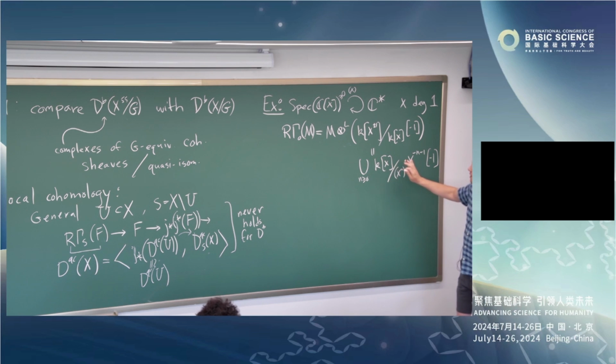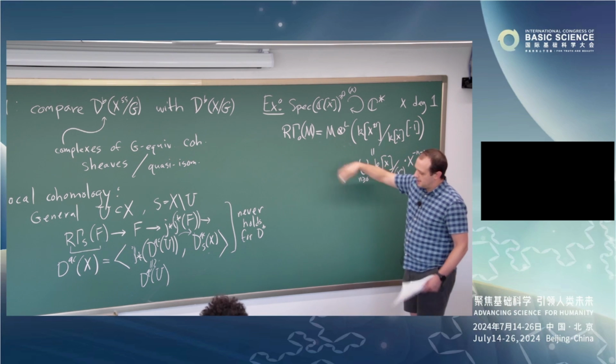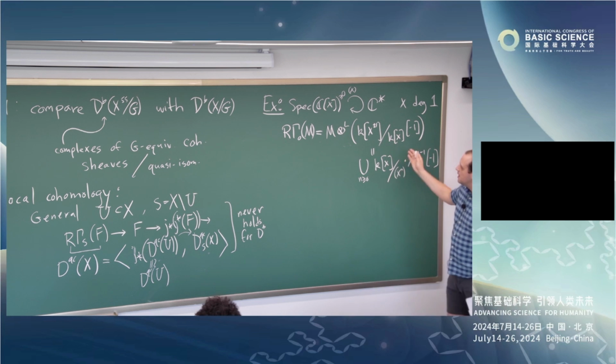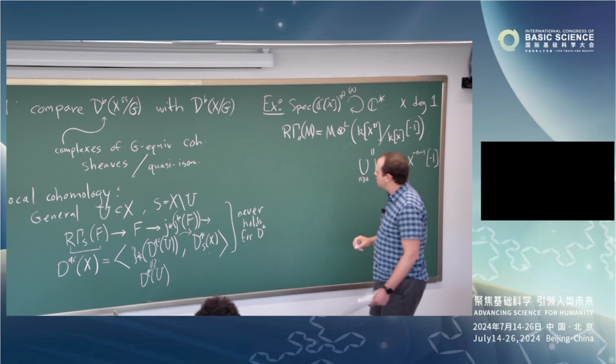And so these things are bounded coherent. So this thing is in a natural way a filtered colimit of smaller tensor products.